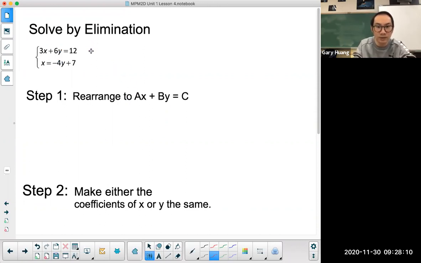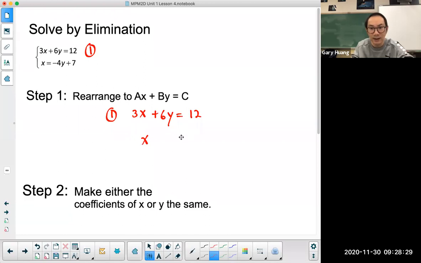If you look at equation number one, it's already in the right format, so I'm going to leave it: 3x plus 6y equal 12. That's my first equation. The second equation is not in the right format yet. I have x on the left and a plus 7 on the right, but my negative 4y is not in the right place.